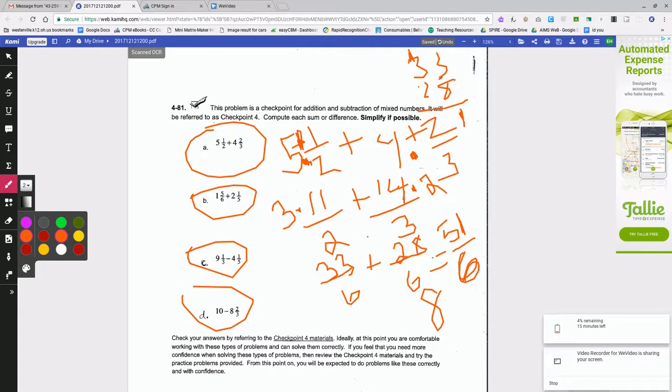What's left over? 48 and 51 would be 3, so it's 8 and 3/6, and I could reduce my 3/6 to get 8 and 1/2.